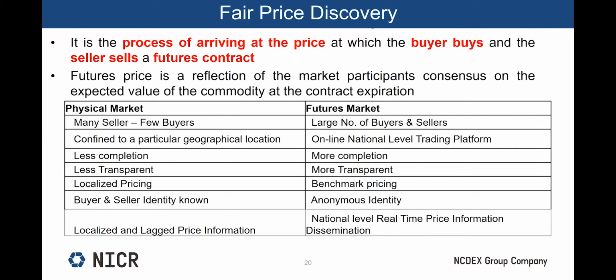In the case of the futures market, because it's a national platform, there are a large number of buyers and sellers, and it's more transparent in nature. In that sense, it creates a benchmark pricing. There is a very negligible chance of colluding, because it is not known who is buying and who is selling through this platform.